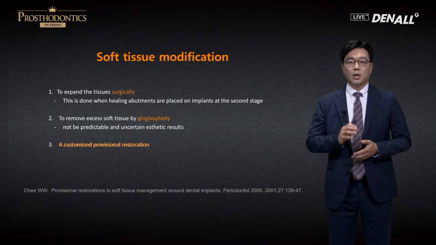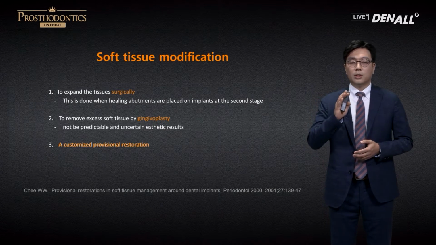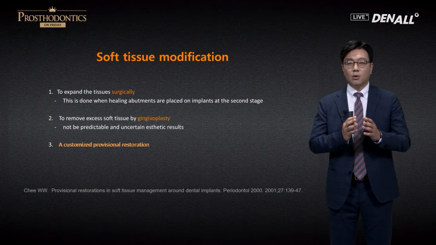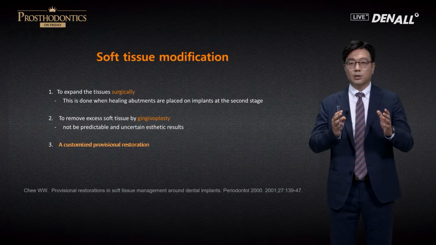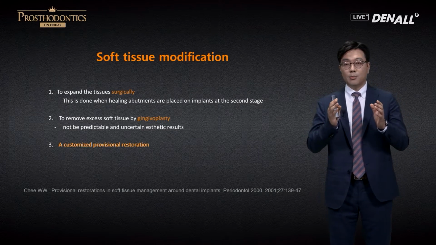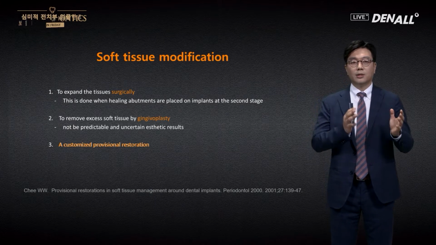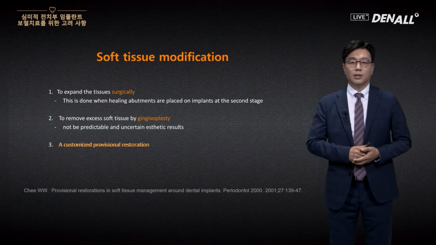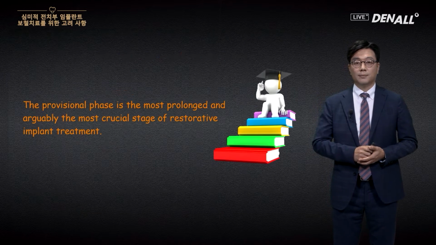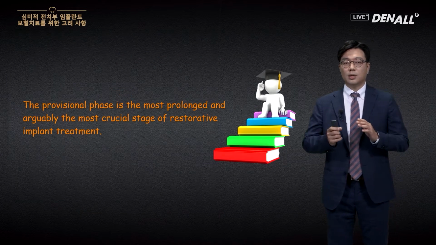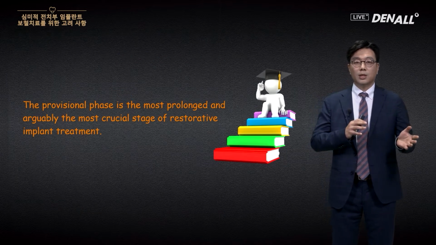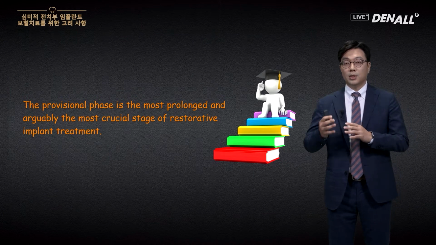Regarding the contour, we make a provisional restoration to contour, that is tissue modification or tissue molding, to get stable tissue, and that will be transferred to the final. The provisional phase is the most prolonged, most critical stage of restorative implant treatment.